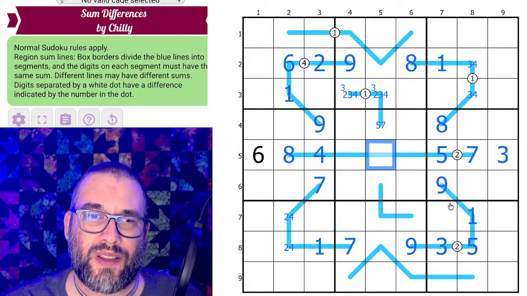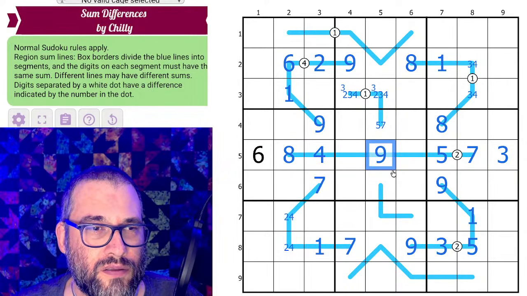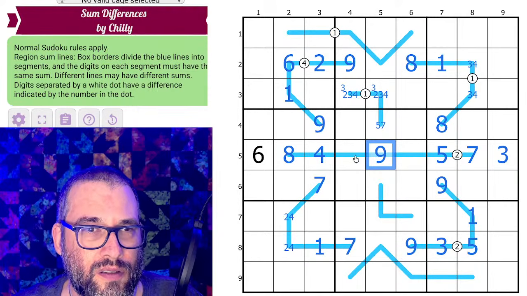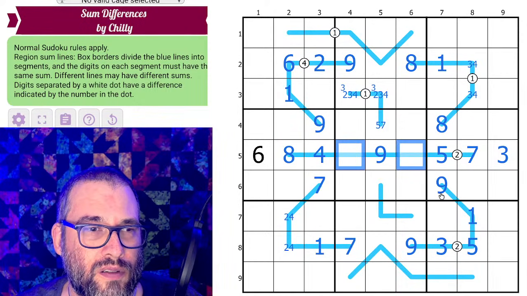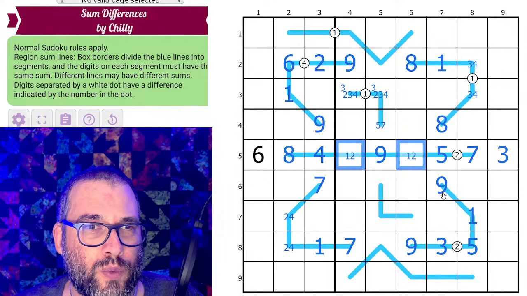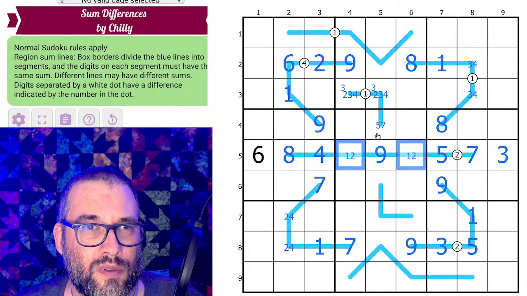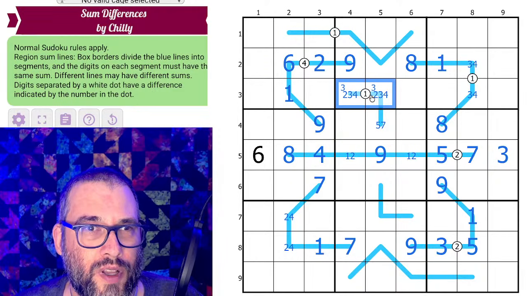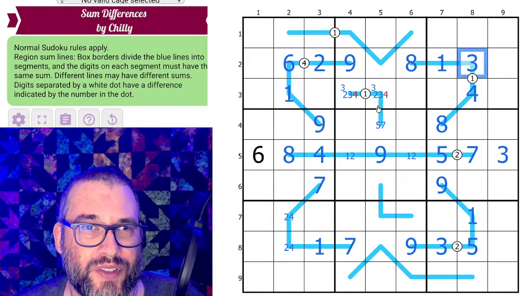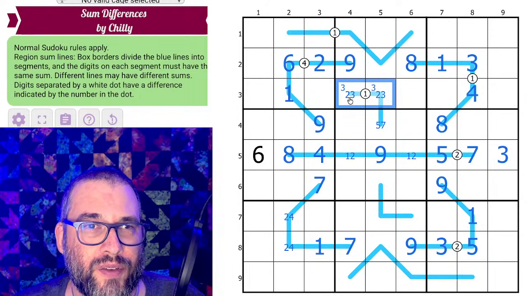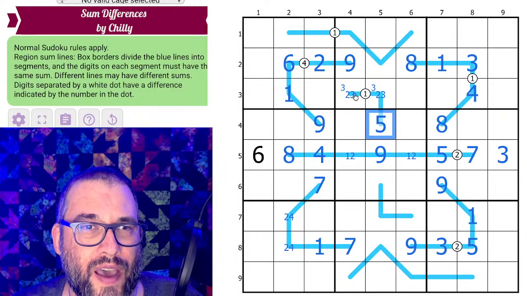Nine is just placed here. These are 1 and 2. This 3 looks back over, still giving us a 2, 3 with a 5.